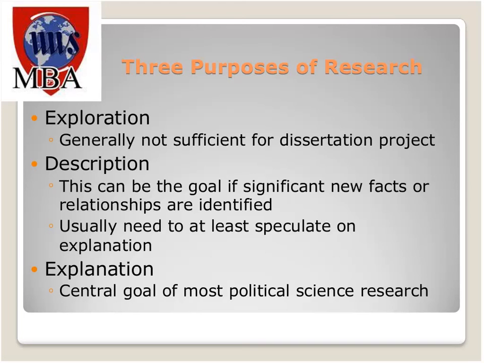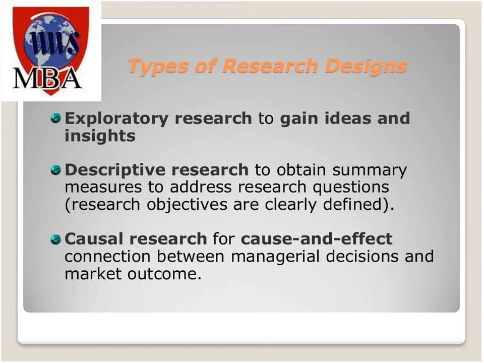After that, we can say that exploratory research is to gain ideas and insights. Descriptive research is to obtain summary measures to address research questions. And causal research is for cause and effect, the connection between managerial decisions and market outcomes.